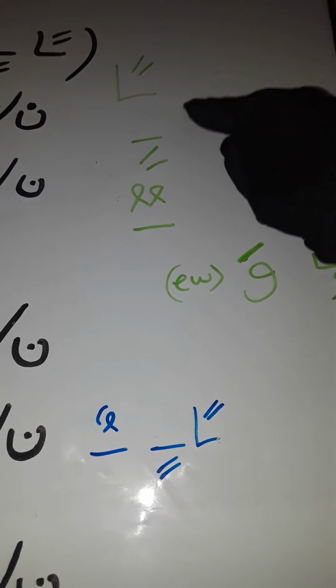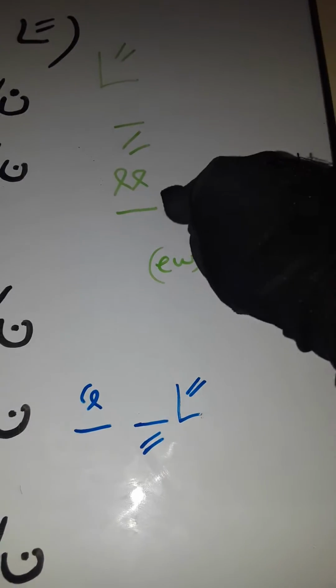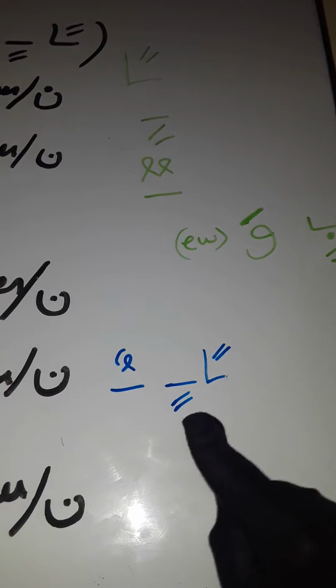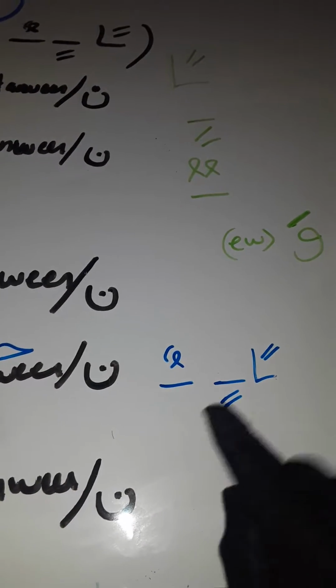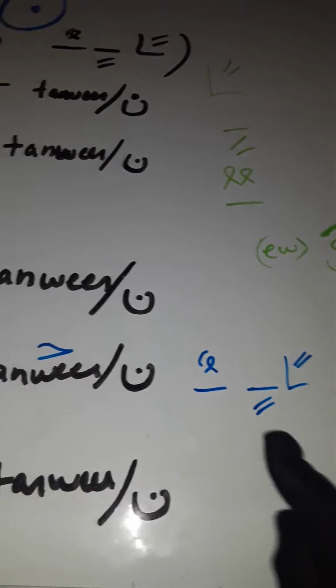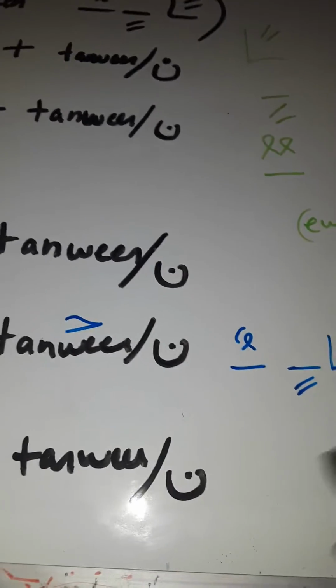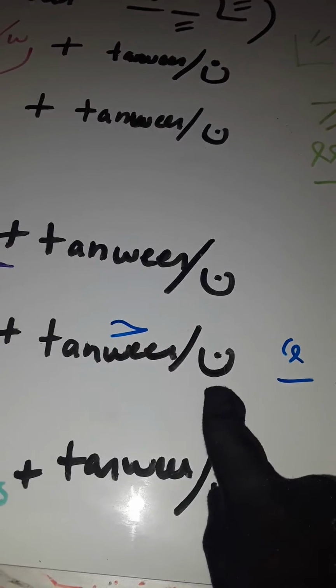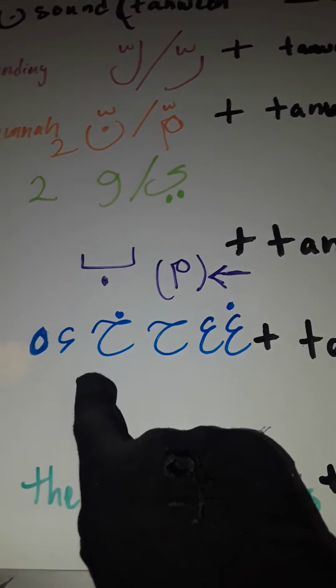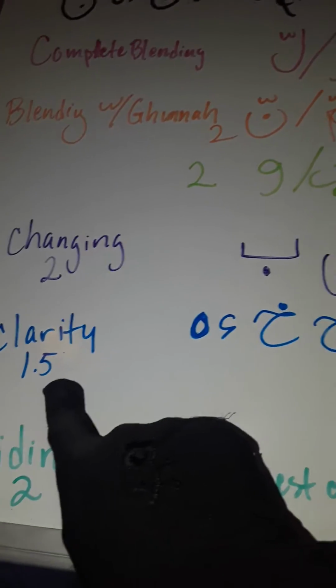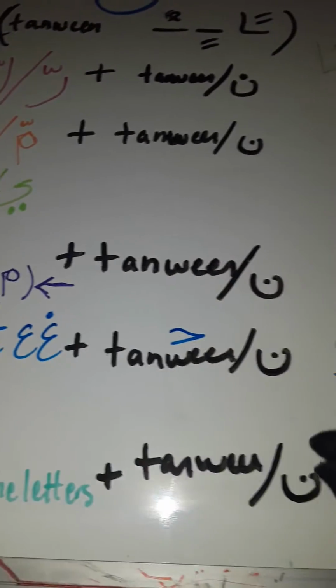Like, it's not askew. You see how those are askew? Something is up with these. And these are the normal things. So then nothing is weird here. Then you would just pronounce it like normal. You would just pronounce that noon for 1.5 harakat. Very clear.